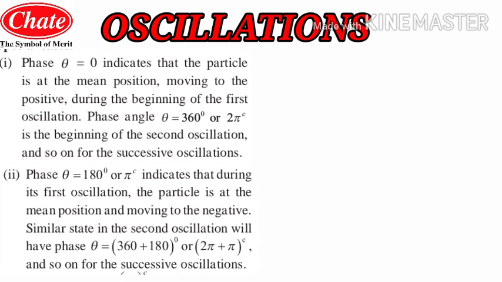The 360 is the complete revolution, and the 180 is the additional phase angle of this next oscillation. In radian, it will be 2 pi plus pi. So successive oscillations are carried out at this phase, theta equal to 180 degrees or pi radian. Students, we will move toward the next phase.